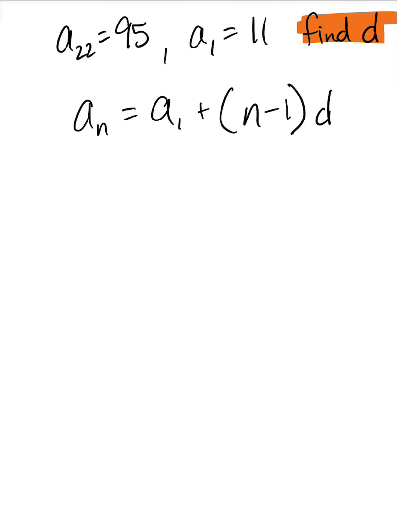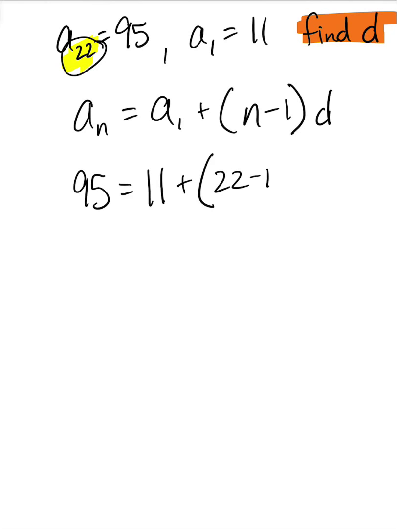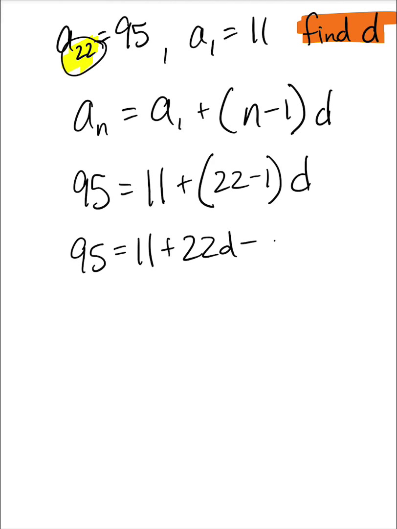So my a sub 22 is 95. My first term is 11, and this is my n, highlighted in yellow, which is 22. So it's 22 minus 1, and then I'm looking for d. So that's 95 equals 11 plus 22d minus d, which gives me 11 plus 21d.